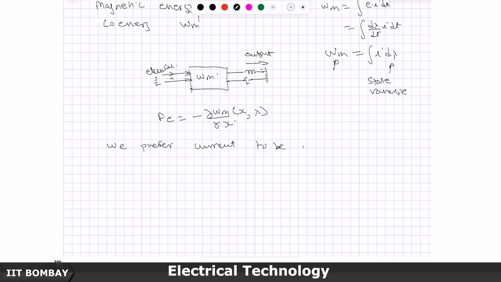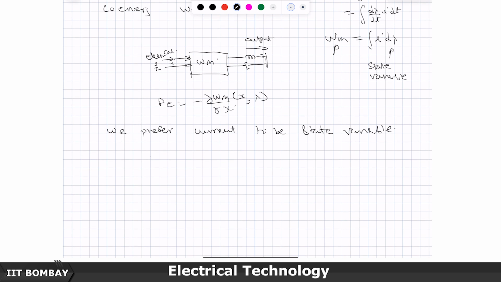So, we said that most often we prefer current to be a state variable, and because we prefer current to be a state variable, we defined Wm dash as the magnetic co-energy.